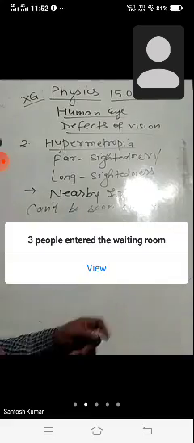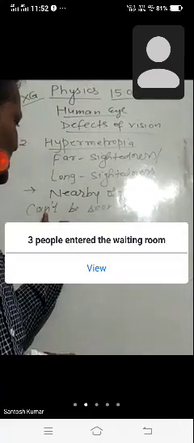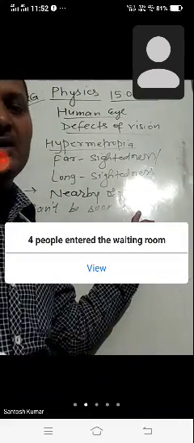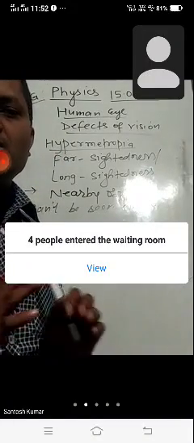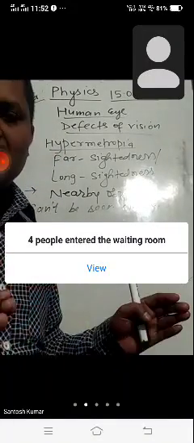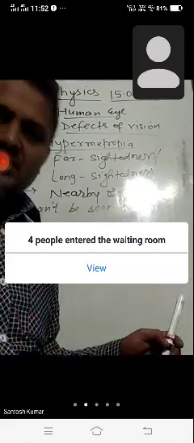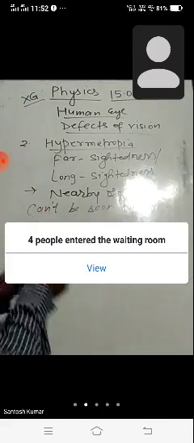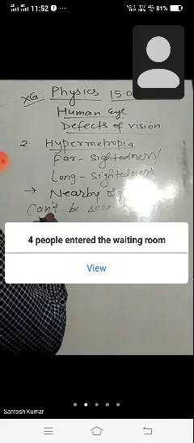Just see the point, what I have written: nearby objects can't be seen clearly, a blurred image will be there. So it is not seen clearly, means he or she is able to see only when we move it away.